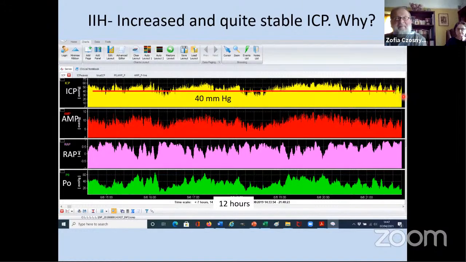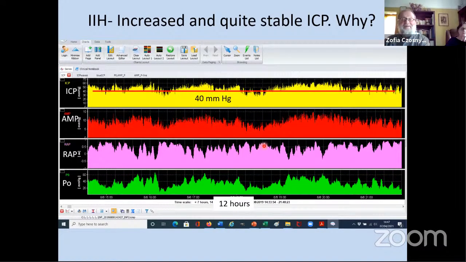It's the best time. Patients are resting, are asleep. And then most commonly we would see intracranial pressure, this yellow trend, relatively constant, relatively stable, and really increased, around 30 to 40 millimeters of mercury.